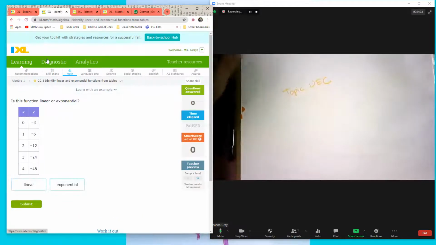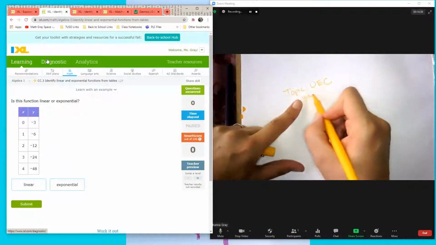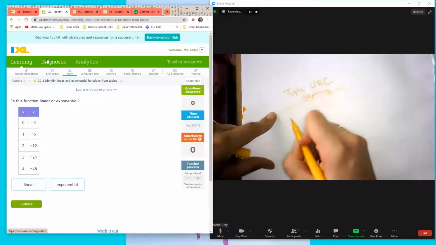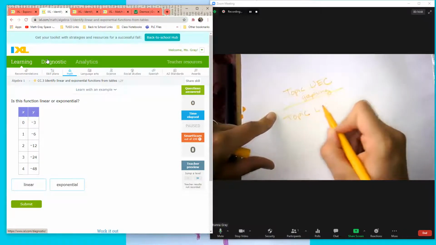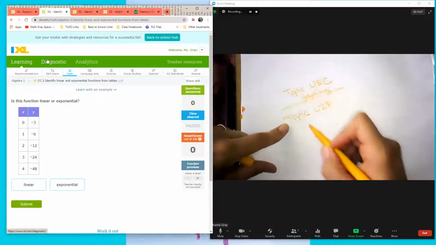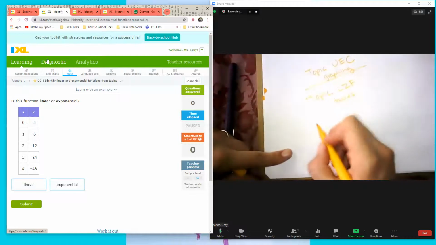And then as far as tables go, I mean, you could definitely handle it this way by graphing. But if you're talking about trying to figure it out just by looking at the table, so this is topic LZF, where you have tables, you're really just comparing the rate of change.